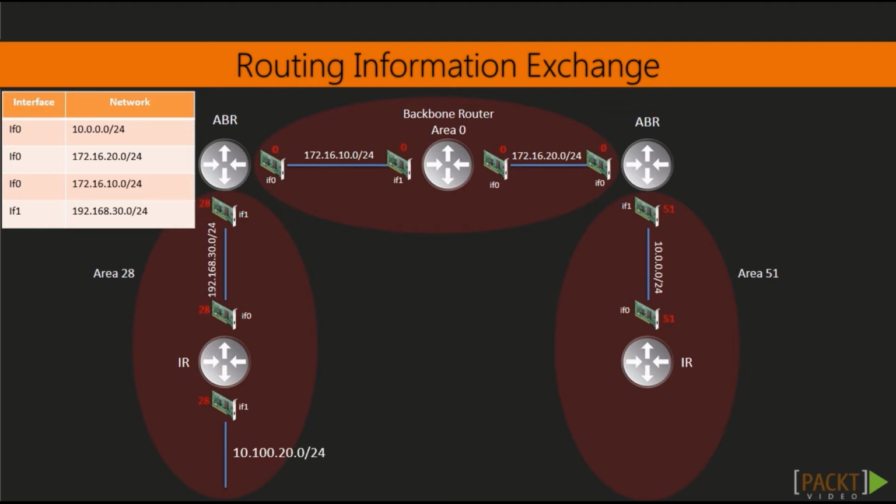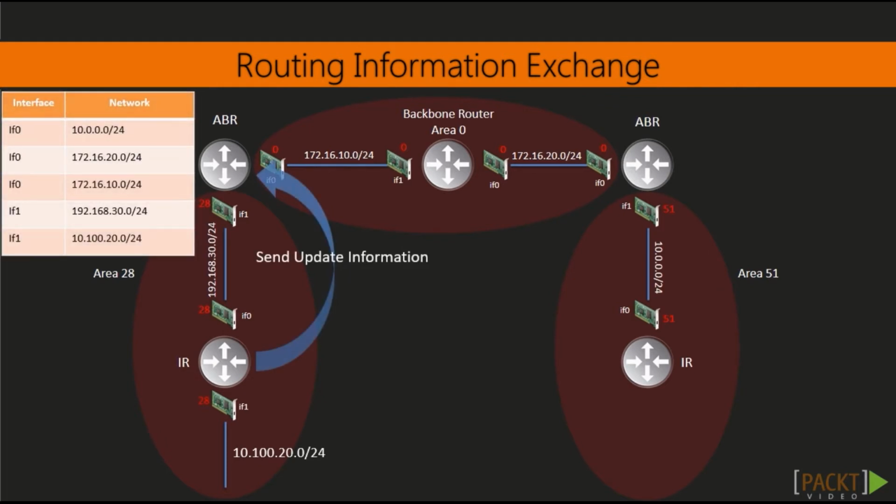So as we can see, there are a couple of networks and how they can be reached using which interface. The internal router now sends an update to the ABR, leading the ABR to update its routing table, adding the newly created network 10.120/24. It knows I can reach this one using my interface 1. And that's how the routing information exchange works.